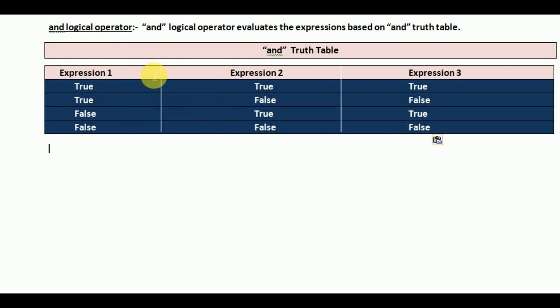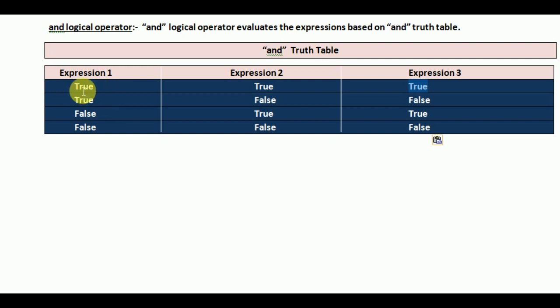In this table we have three values: expression 1, expression 2, and expression 3. Expression 1 and 2 are the values assigned to two variables, and expression 3 will show us the resultant value.